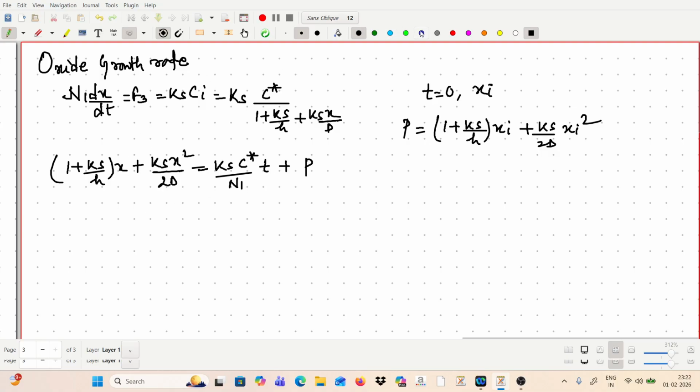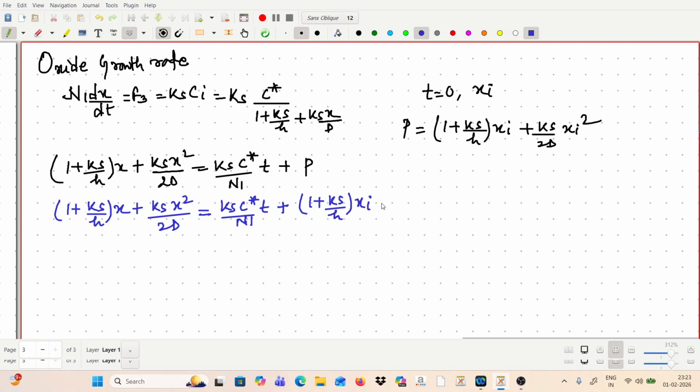So one more line, because in this one a very complex calculation is there, so I am going to write each and every line. C star by n1 t plus p, which we have already written here: 1 plus ks by h, now here it is xi, not x, a fixed value, so ks by 2d xi whole square.